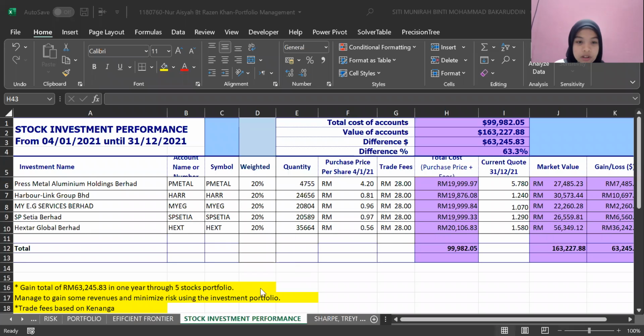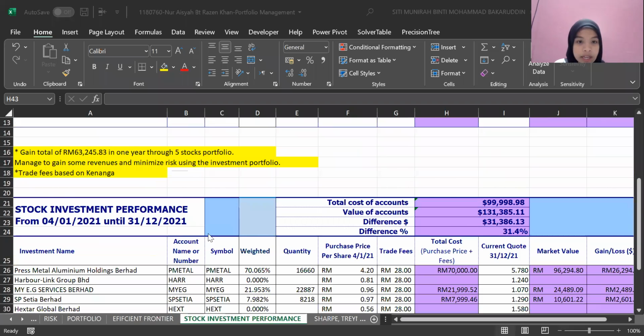Okay, next for stock investment performance. As you can see, for my equal weights, which is 20% for each company, I get 63,245 ringgit in 1 year through the 5 stock portfolio.